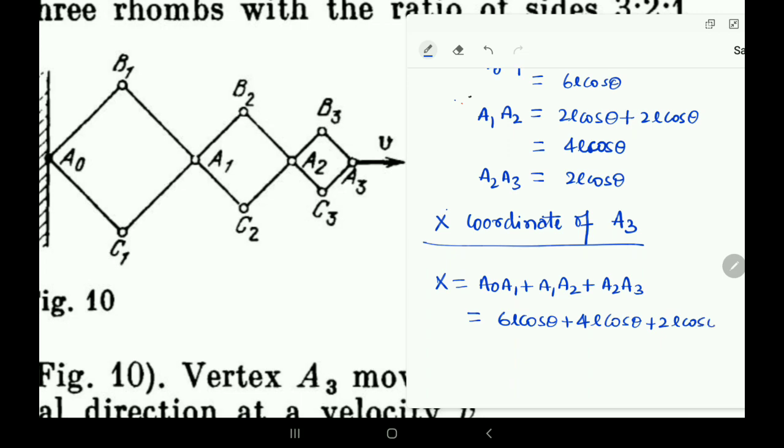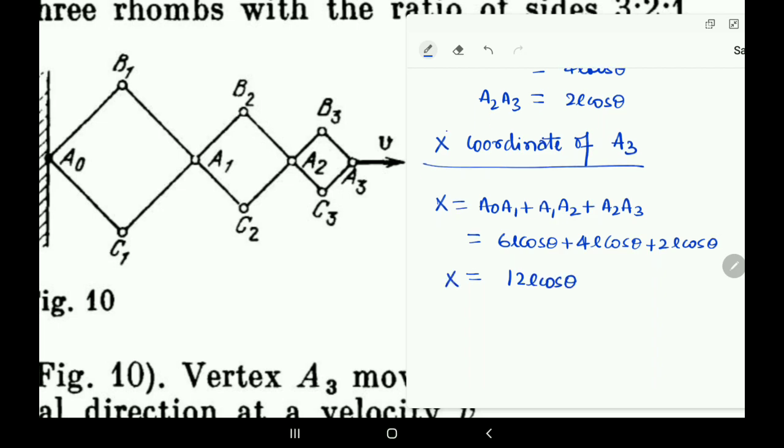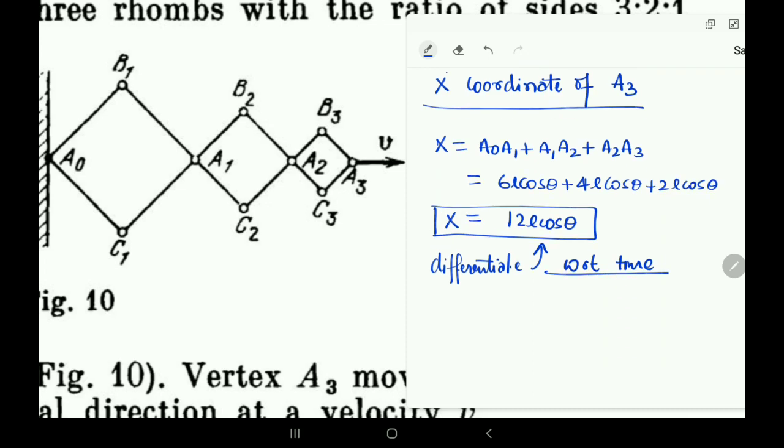Alright, so the net total will become 12L cos theta. So the x coordinate of A3 is 12L cos theta when the angle B1 A0 C1 is 2 theta, or B1 A0 A1 is theta. Similarly, B2 A1 A2 is theta. So by symmetry, B3 A2 A3 is theta.